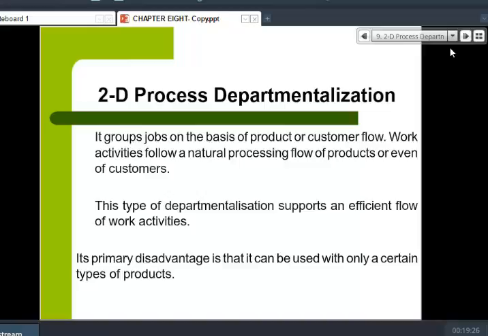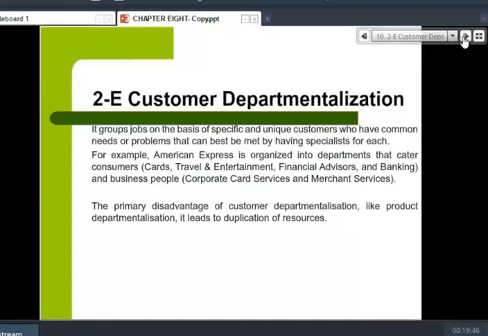The primary disadvantage is that it can be used only with certain types of product rather than various types of products.